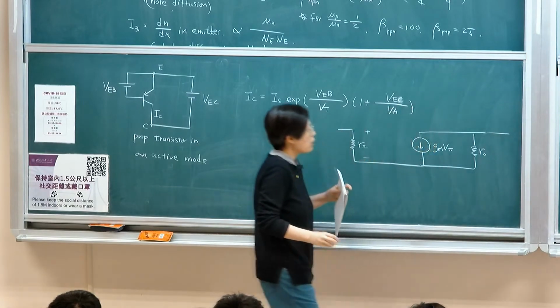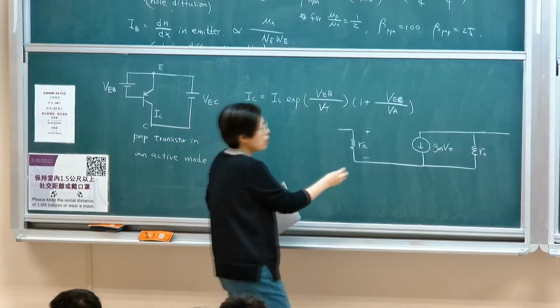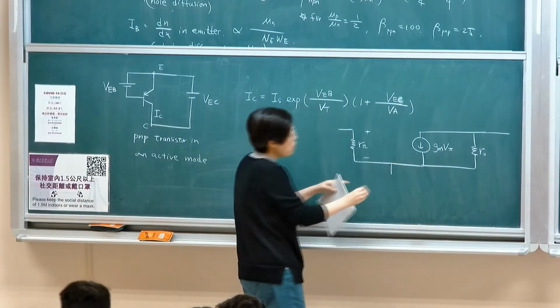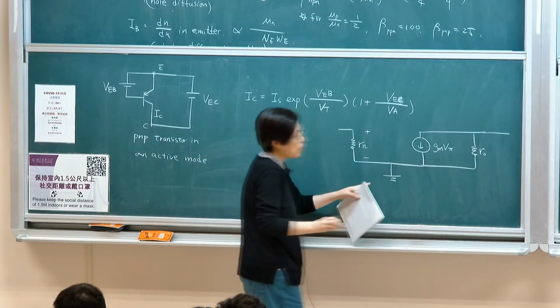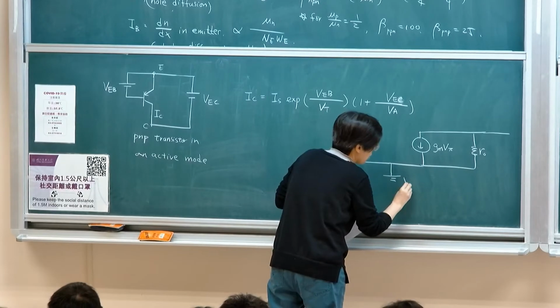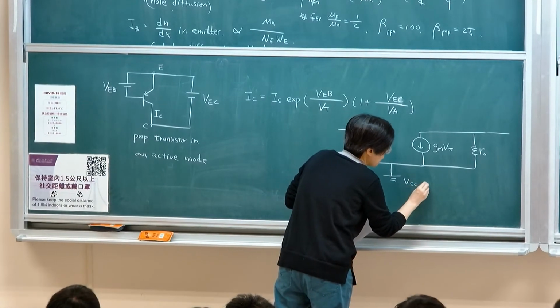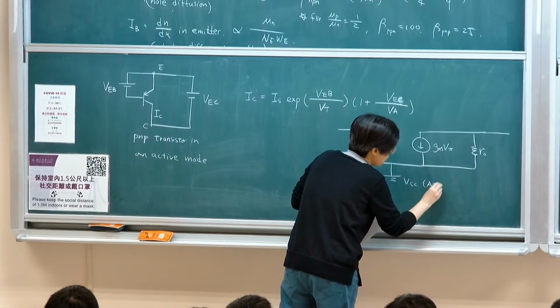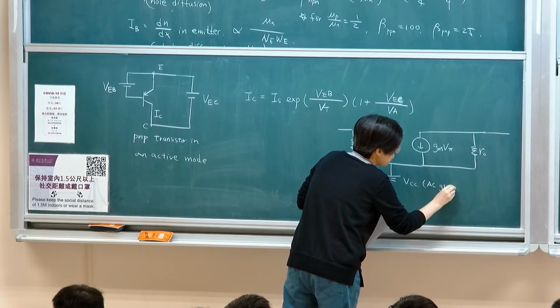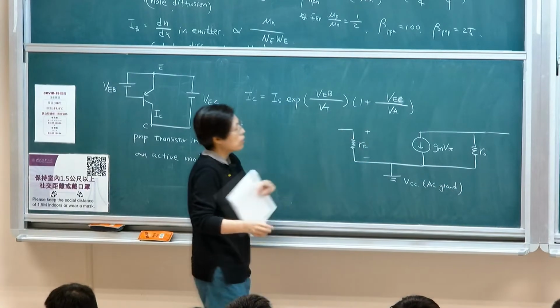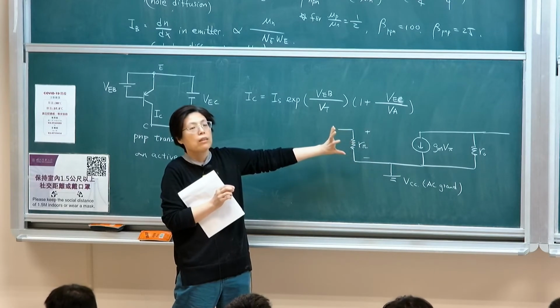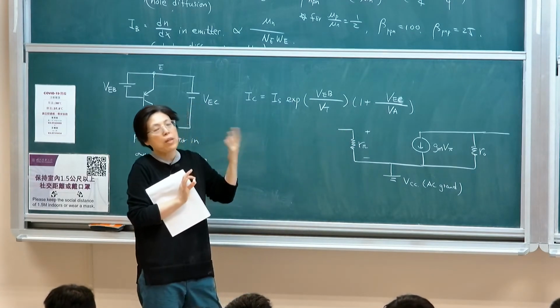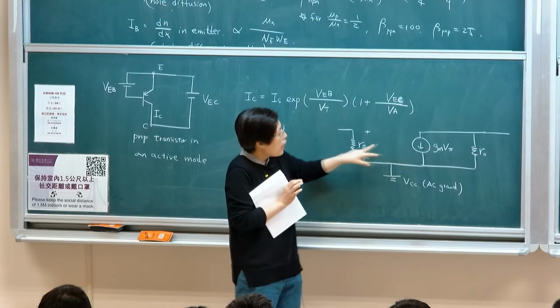So if I want to construct it, I'm simply inserting this. This will be my emitter terminal. Emitter terminal will be ground because emitter terminal is VCC. VCC is AC ground. So if I want to construct my small signal equivalent model, I'm simply inserting the identical NPN small signal model. They are identical, NPN or PNP are identical.